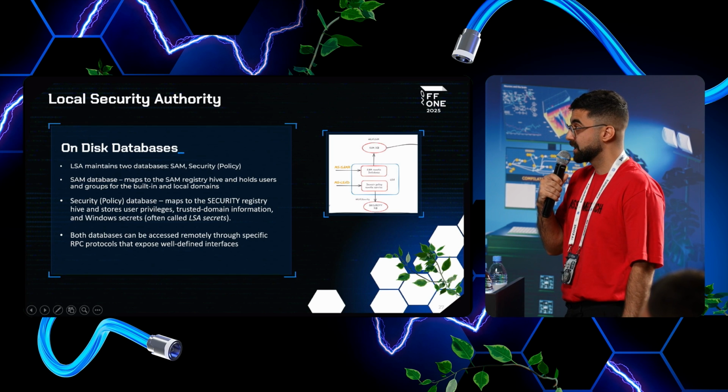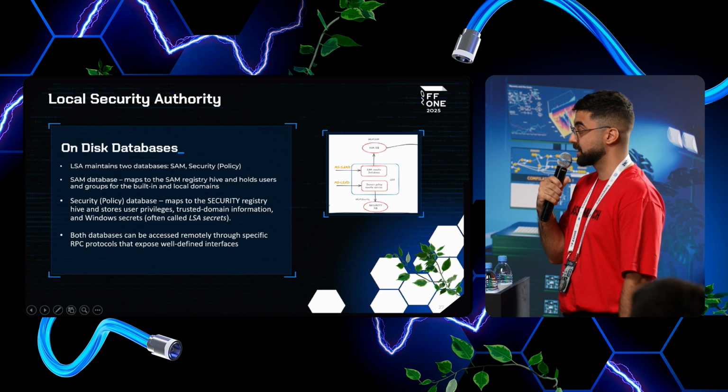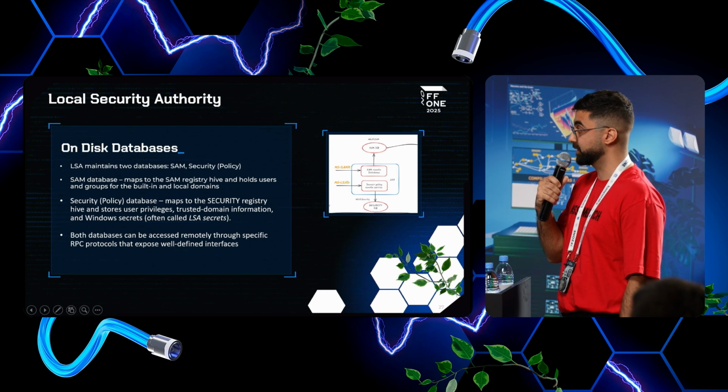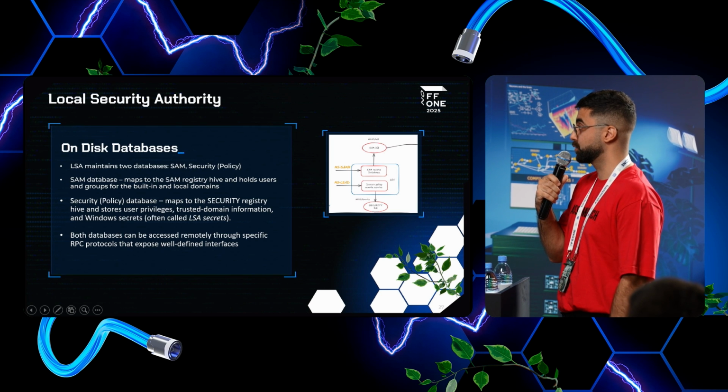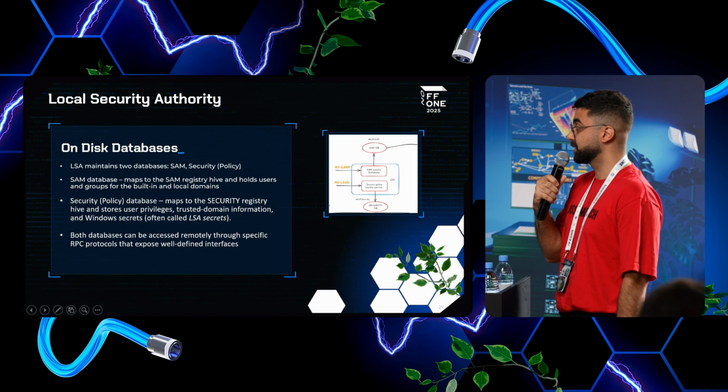The LSA exposes two databases. The first one is the SAM database, which is mapped to the SAM registry hive, and inside it you will find the users and groups for both the built-in and local domains. There is also another database, called the policy database or security database, mapped to the Security hive.